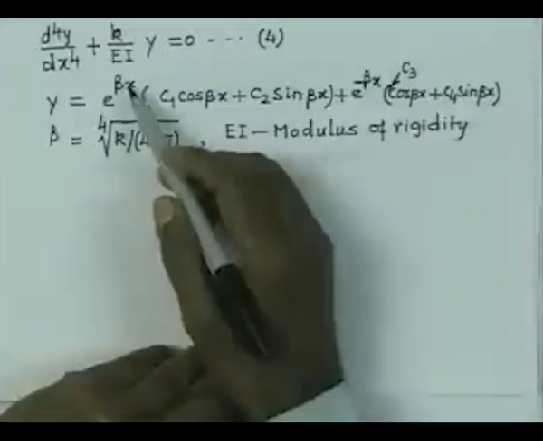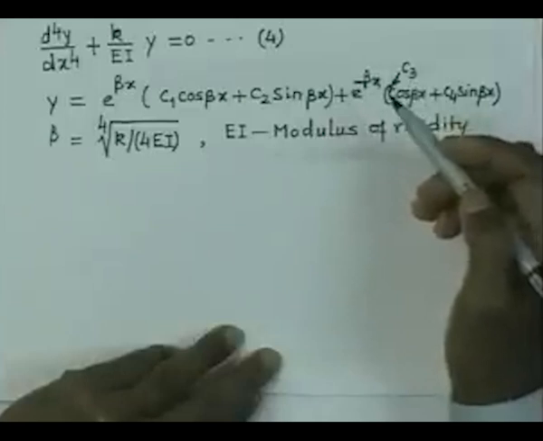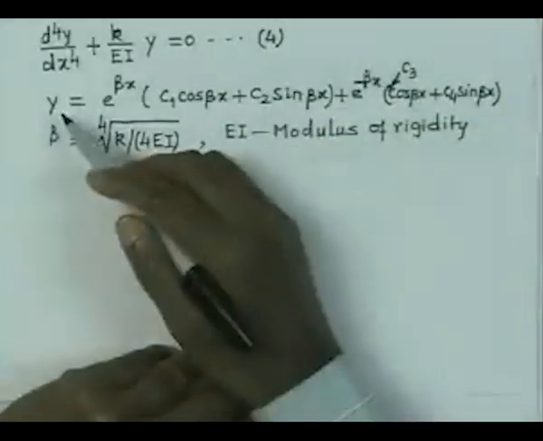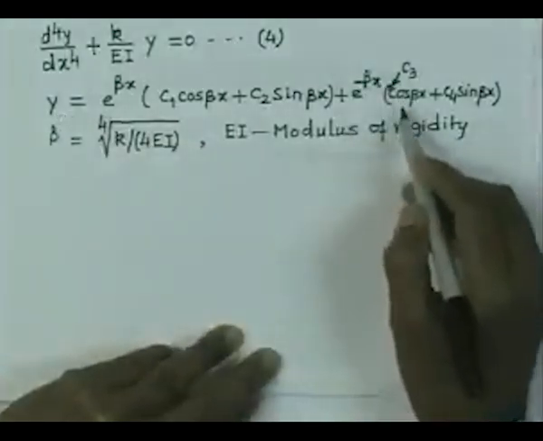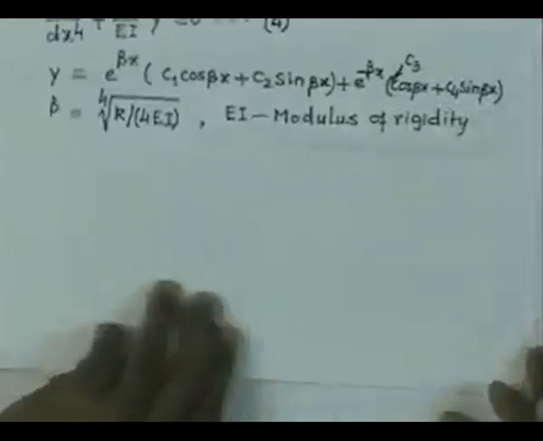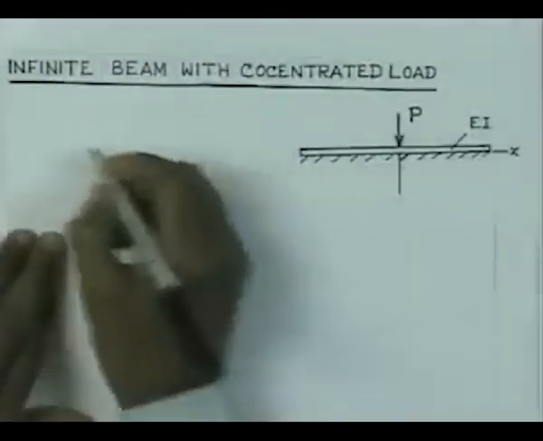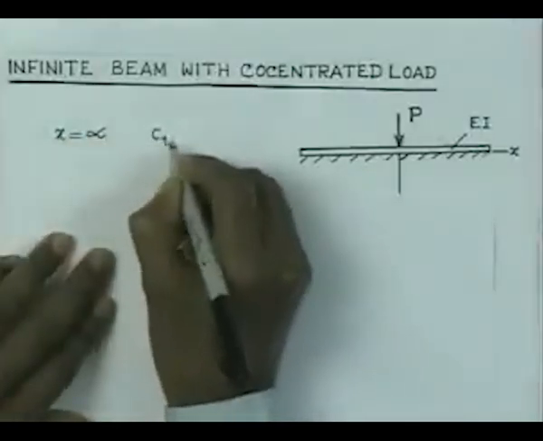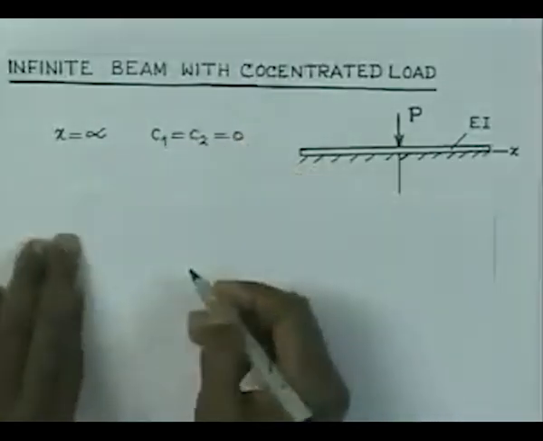Obviously, if x increases, if beta is a positive constant, this term is going to shoot to infinity, and therefore, we cannot have these terms present.